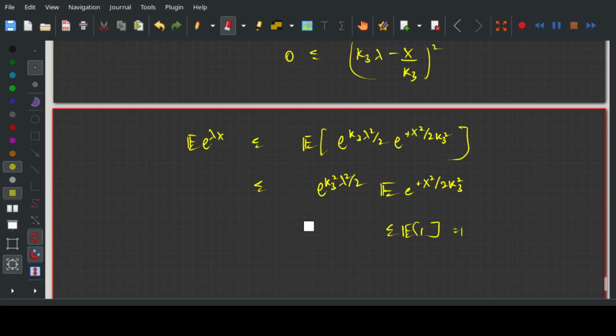From the previous, I have a bound on e to the lambda square x square for all lambda less than or equal to 1 over k3.